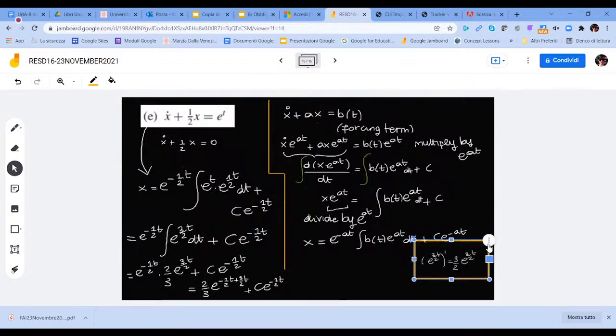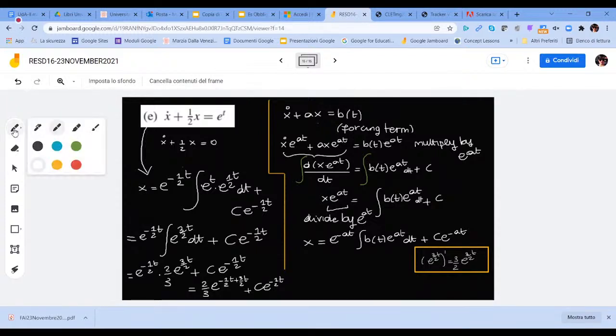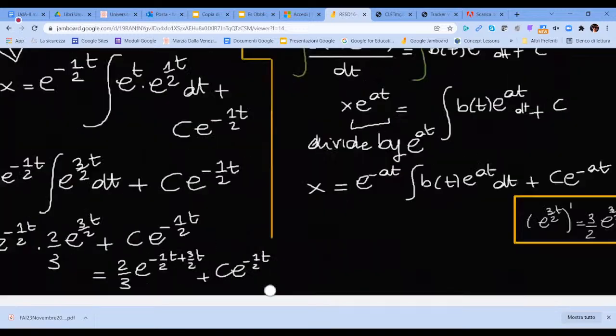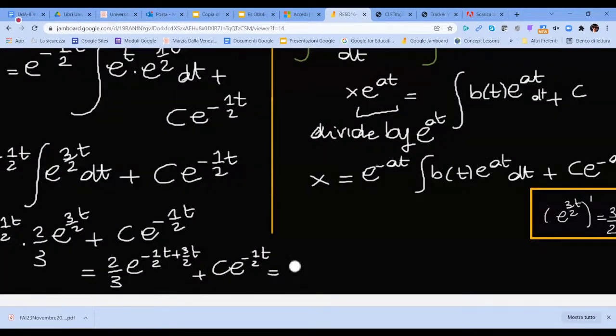And then, okay, go on by writing down what I said before: 2/3 times e to the t plus c times e to minus 1/2 t.